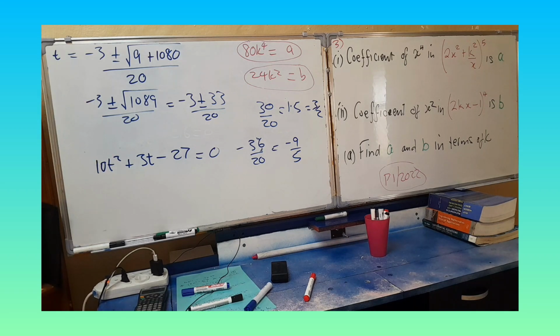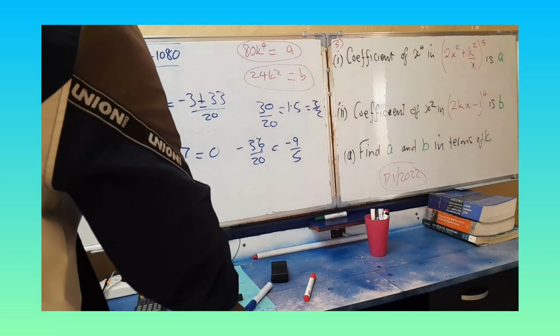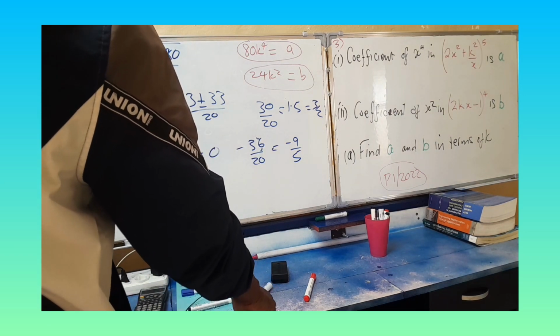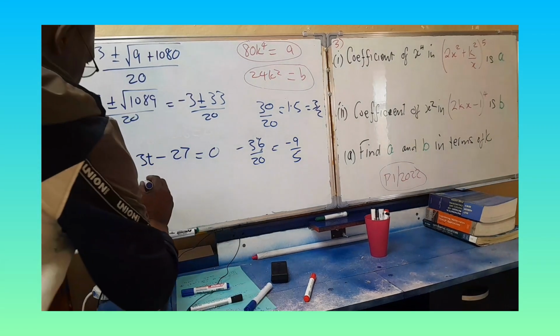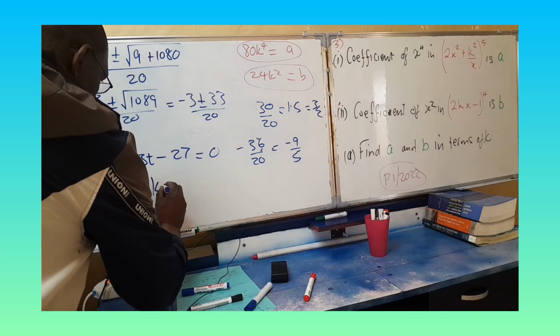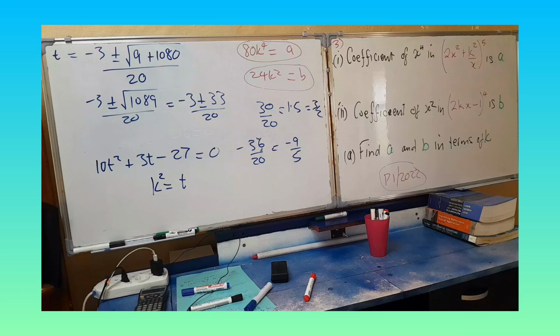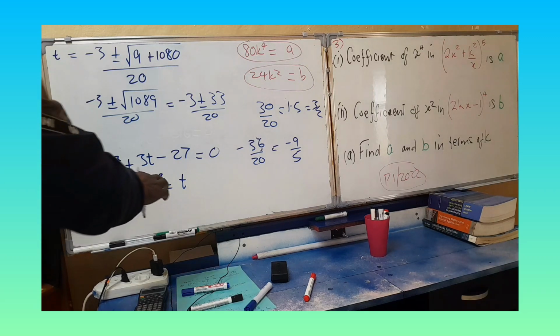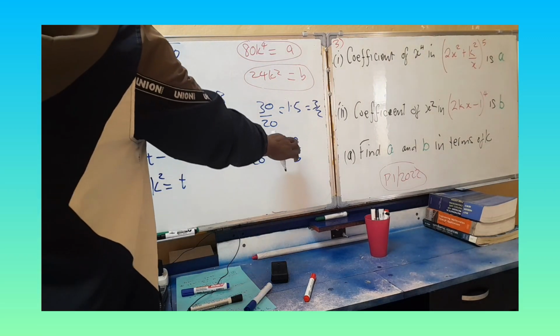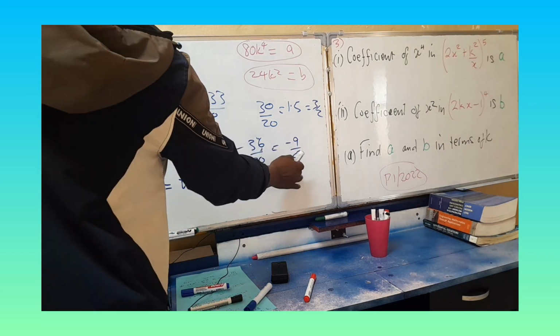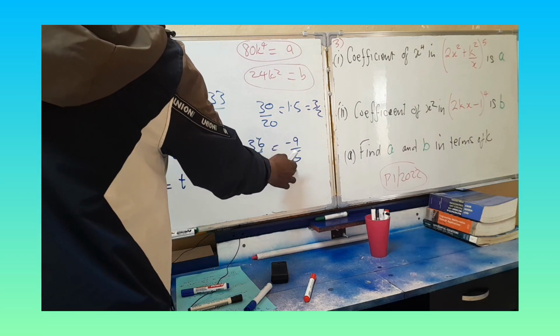But the question says, find the possible values of k. Now, we said k squared is equal to t. So if t is equal to minus 9 over 5, that is impossible because we don't have square roots of negative numbers.